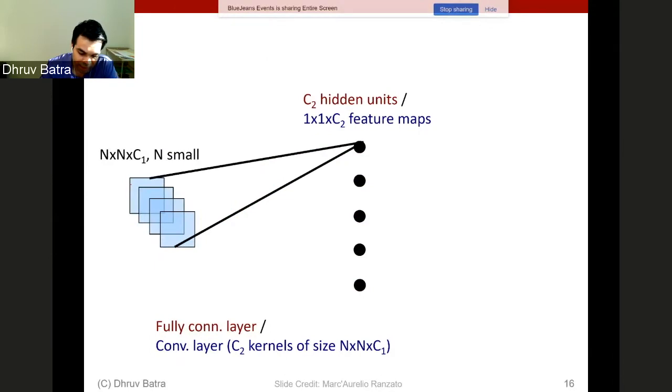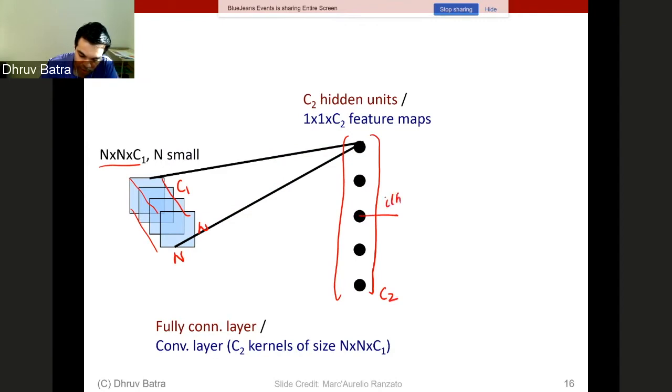So this right here is what we've been drawing. This is an n by c1 input coming in. Instead of stringing this into a long vector, this is the next fully connected layer, and so this is of size c2. What I will do is consider the ith neuron here.